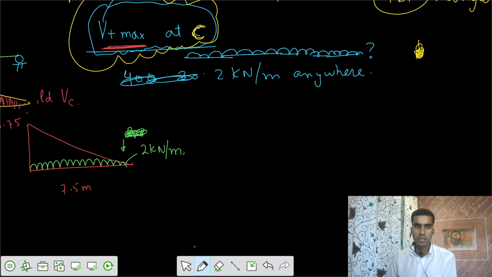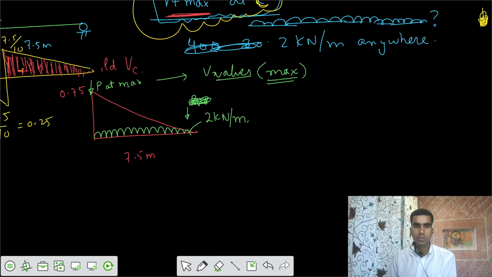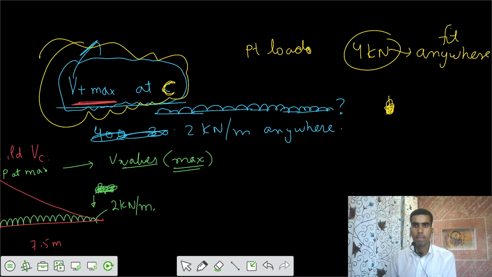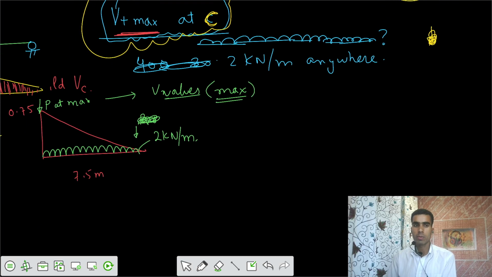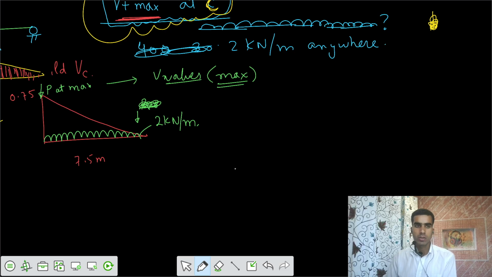If you place P at the maximum ordinate, it would give me the maximum value. V would be maximum. Is that not true? I think that's true. So let's apply that 4 kilonewton on the peak ordinate. This is your P of 4 kilonewton.